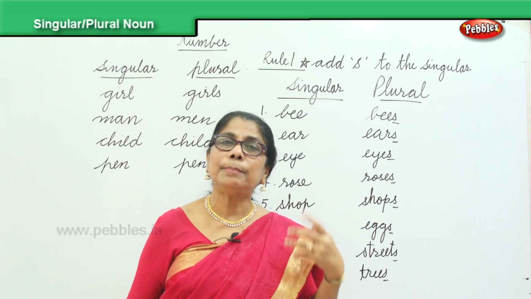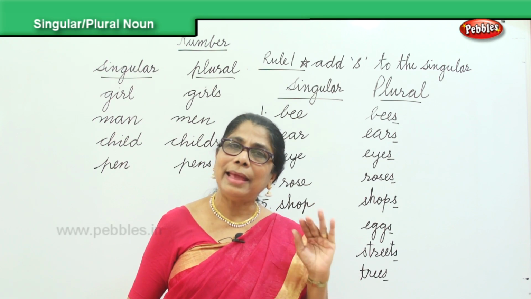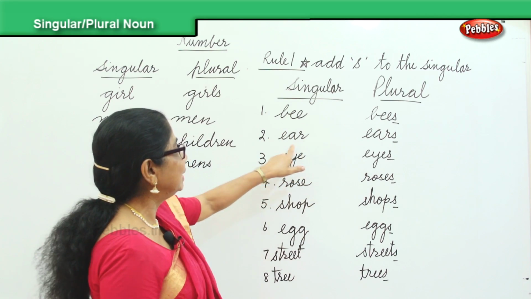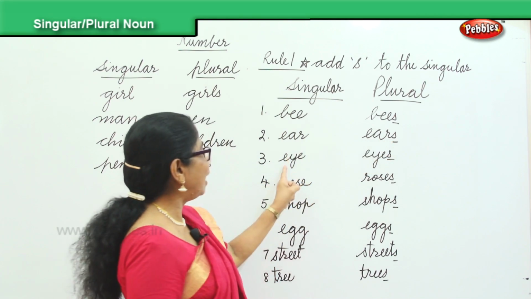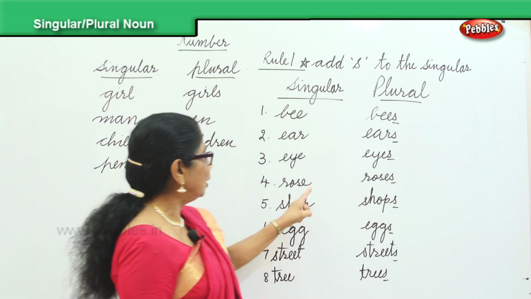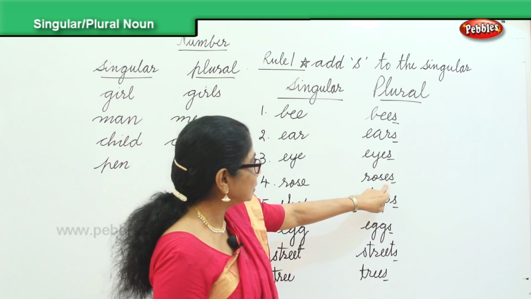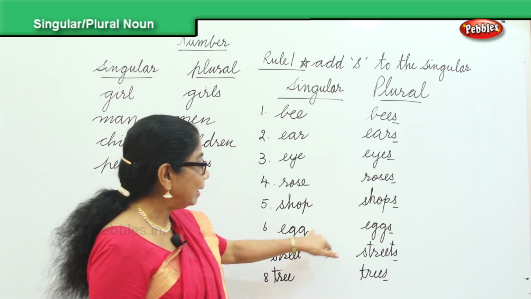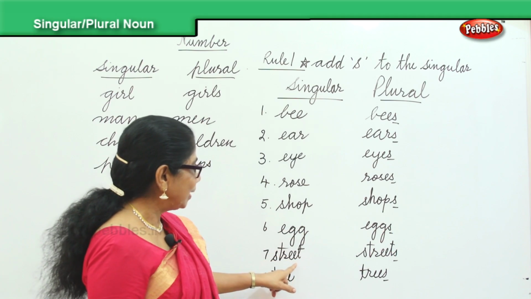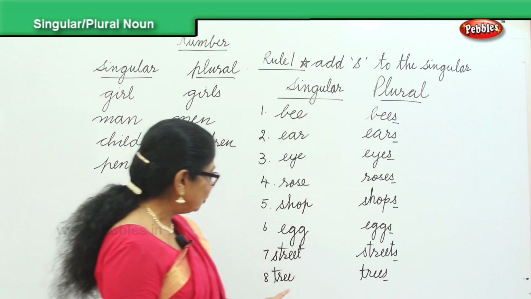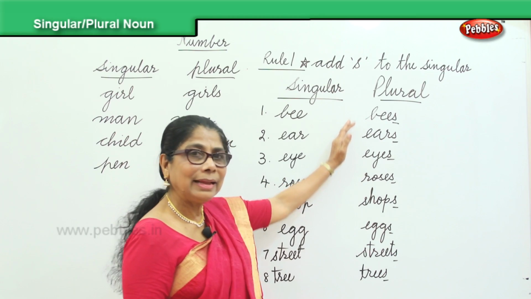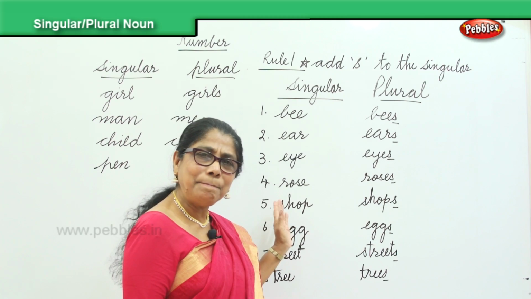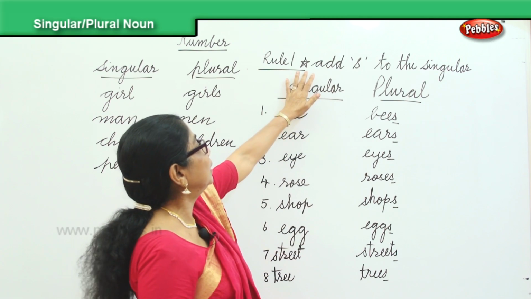To form the plural noun, we add s to the singular form. Bee, bees. Ear, ears. Eye, eyes. Rose, roses. Shop, shops. Egg, eggs. Street, streets. Tree, trees. Now look at all the plural formation. We have added a simple s to form the plural.